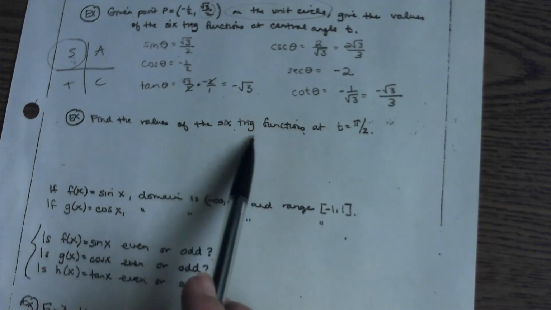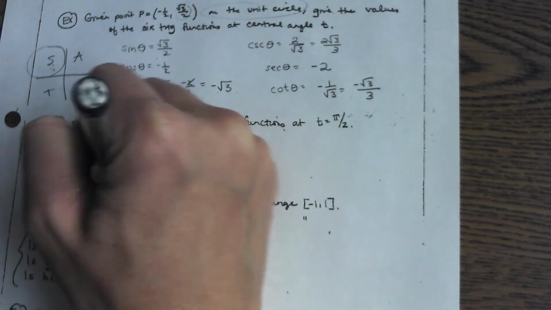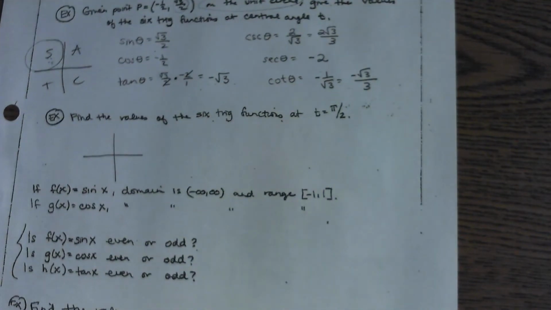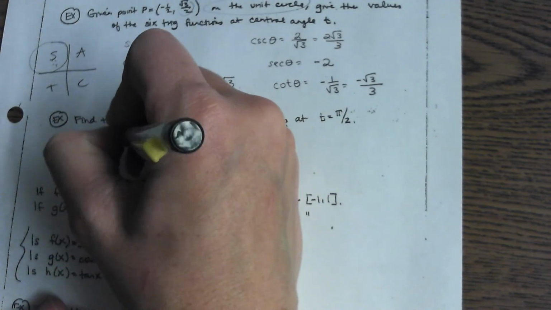Find the values of the 6 trig functions at an angle of pi over 2. First of all, where is your pi over 2 angle? Where's the terminal ray of that going to fall? It's not in any quadrant. Yes, pi over 2 is like 90 degrees. So it's on the y-axis here, right?